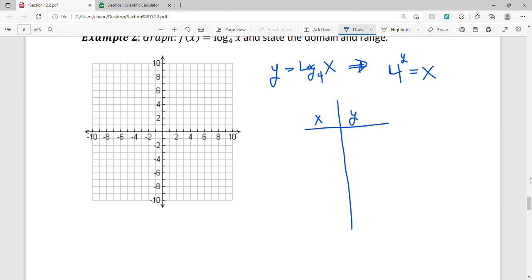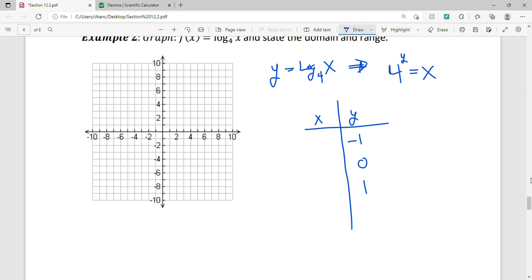And you can tell it's easier to plug in the y. So let's pick values -1, 0, and 1. Now, why did I pick just these values? I know that if I pick -2 or 2, we're going to get values that are quite large, and it might not fit on our graph. So we only need 3 points because we know the general shape for a logarithmic function.